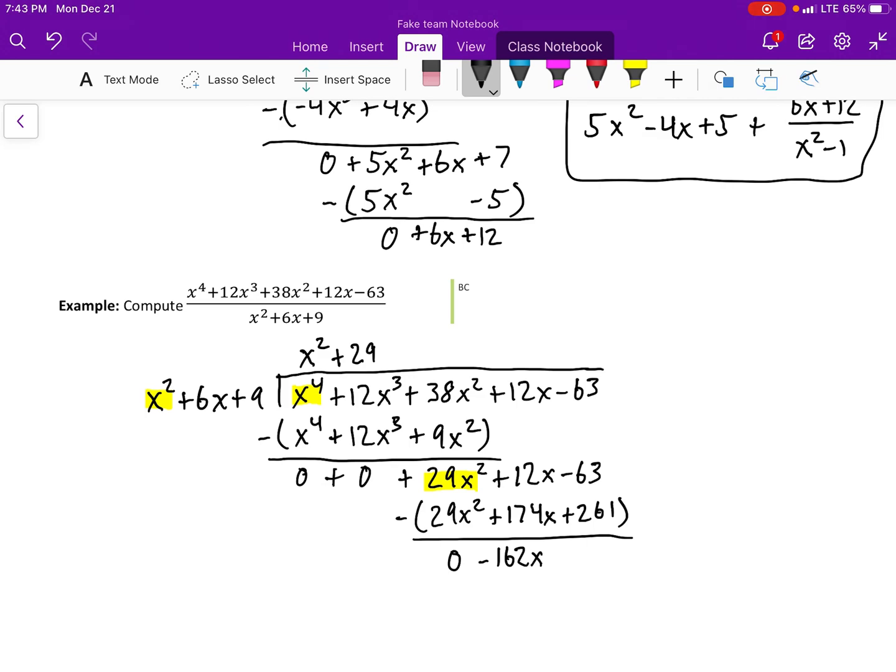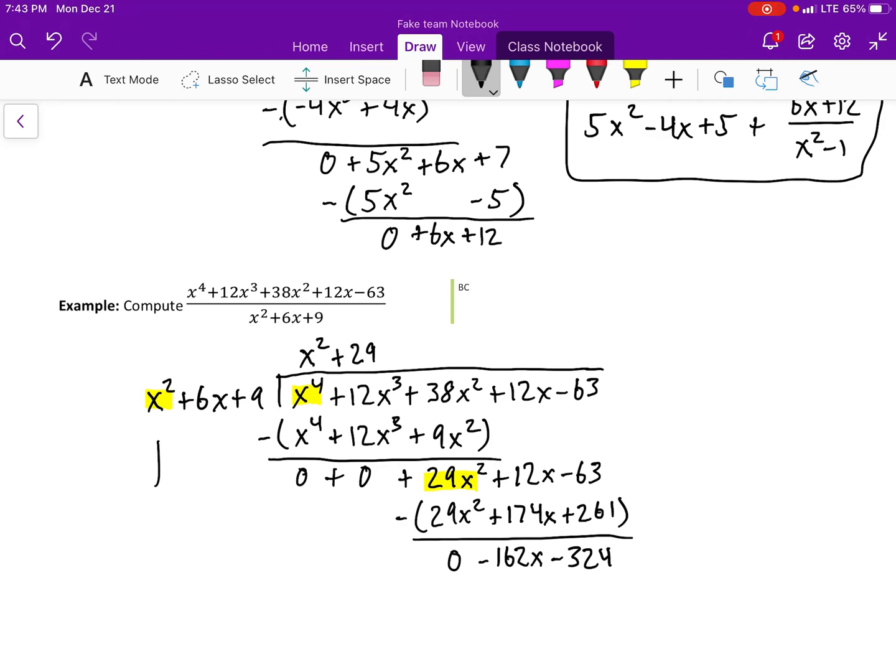And then we have negative 63 minus 261. So that's going to give us negative 324. And now again, the degree of the polynomial we're dividing by is 2, and the degree of what's left is 1, so we stop.